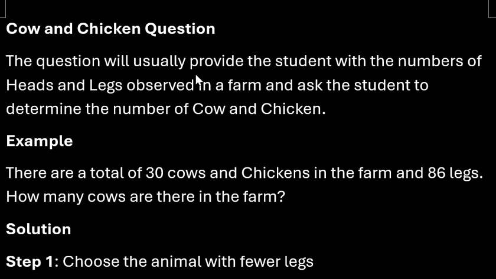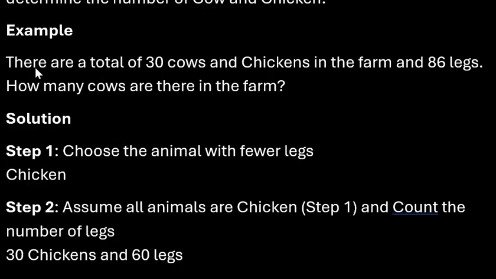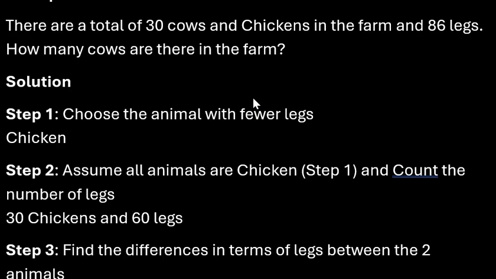This style of question provides the number of heads and legs observed in a farm and asks the student to determine the cows and chickens. For example, if there is a total of 30 cows and chickens in the farm with 86 legs, how many cows are there? I told my child, you always start with the animal with the fewer legs. In this case, we choose the chicken.